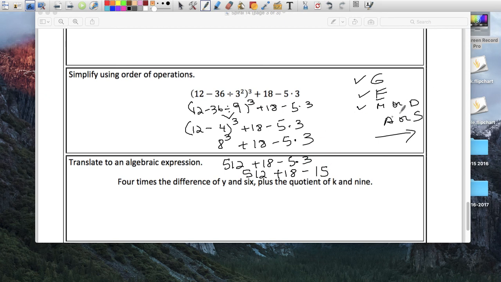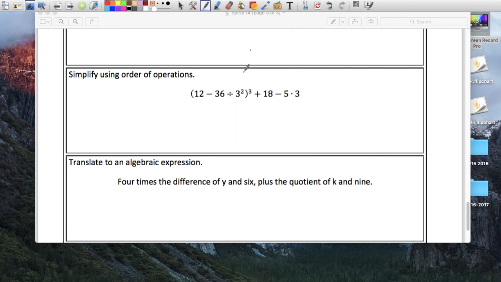There are no more multiplications or divisions. I can now do addition or subtraction, whatever comes first from left to right. So I'll do these two first. 512 plus 18 is 530, minus 15, and 530 minus 15 is 515. Not bad. 1, 2, 3, 4, 5, 6, 7 lines to get your answer. It's not that bad at all, even doing it step by step.